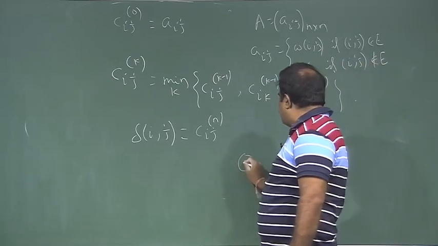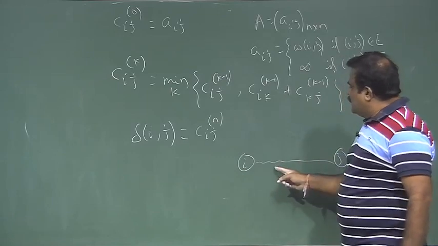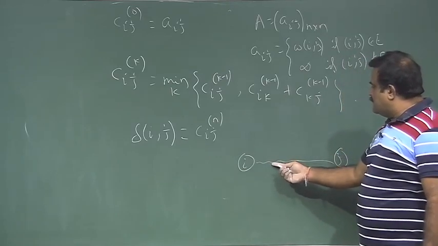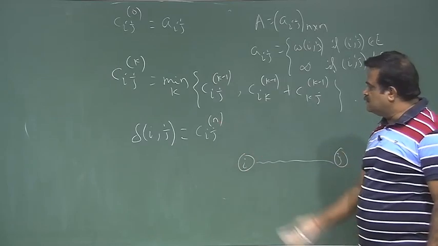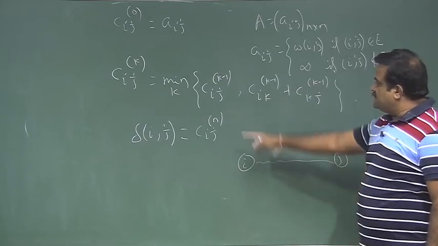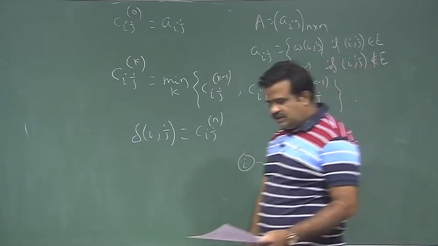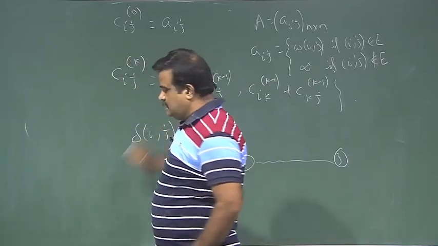So, we are going from i to j, and the maximum vertex we are visiting has numbering up to n. So, that is basically delta of i comma j. If we can find Cij n, we are through. We get this from this recursive algorithm.